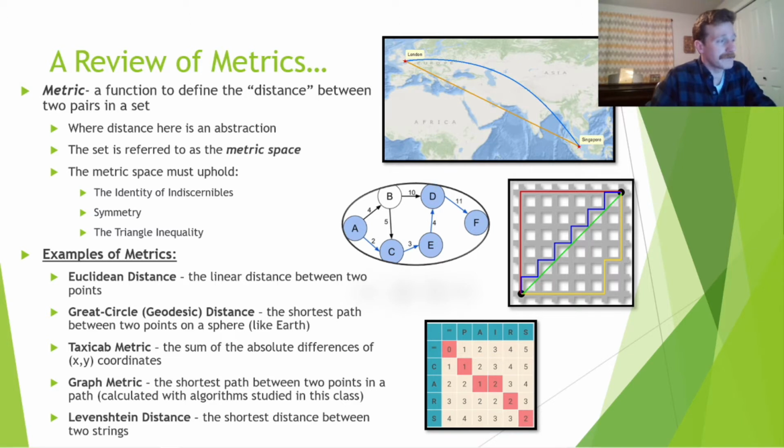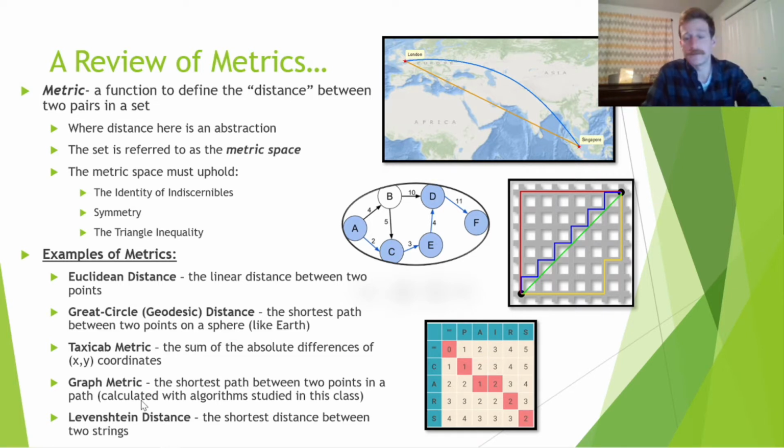And we've got a bunch of different metrics that we've been exposed to all our lives. Euclidean distance is our intuitive notion of distance, just linear. The geodesic is how you move along a sphere. The taxicab metric I thought was interesting. That's right here. In this example, the yellow, blue, and the red lines are actually all the same distance because it's based off of the absolute difference of the x, y coordinates.